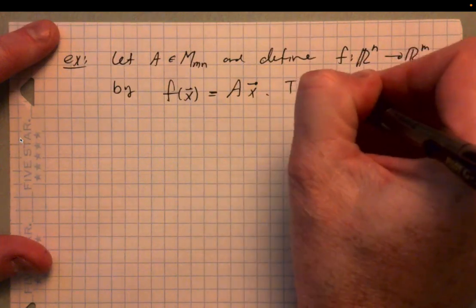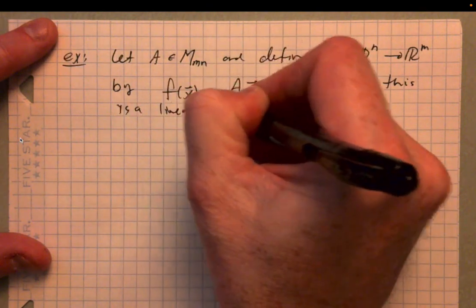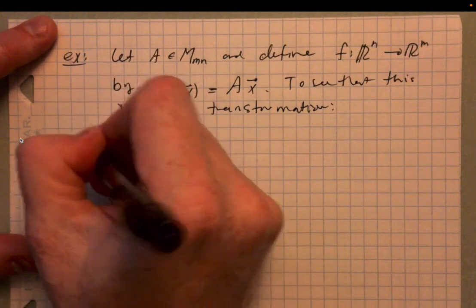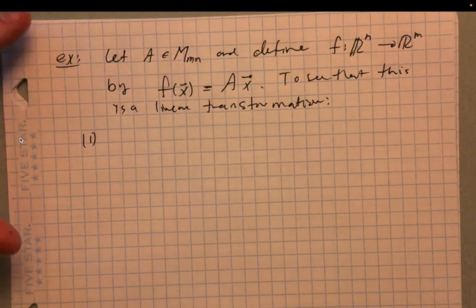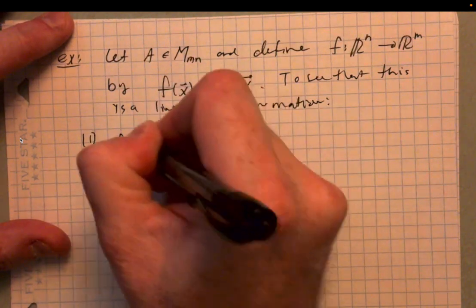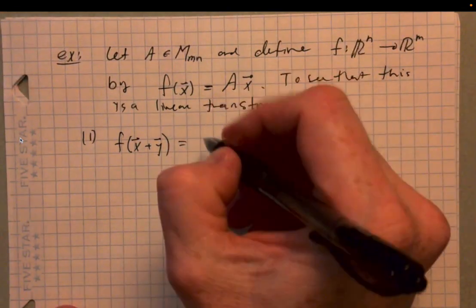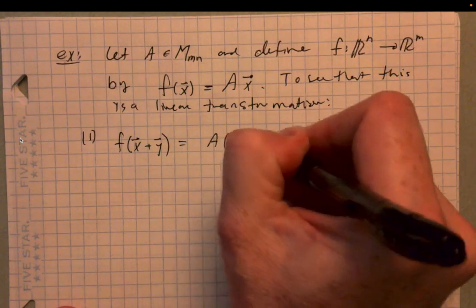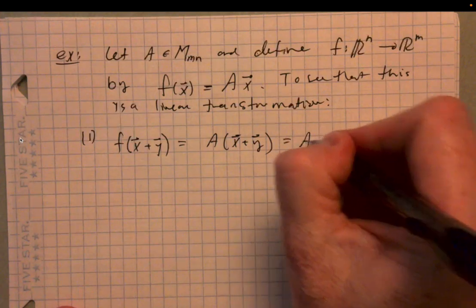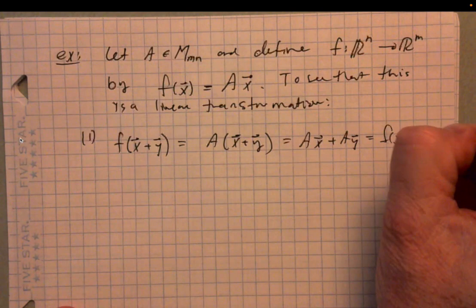So to see that this is a linear transformation, let's look at the properties, basically like what we talked about before, but in general. If I start with f of x plus y, where x and y are vectors in Rn, then that's just equal to A times x plus y. And for the same reasons we just discussed, this is A times x plus A times y, and that means this is f of x plus f of y.